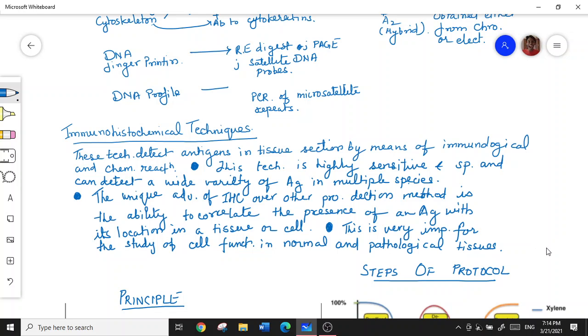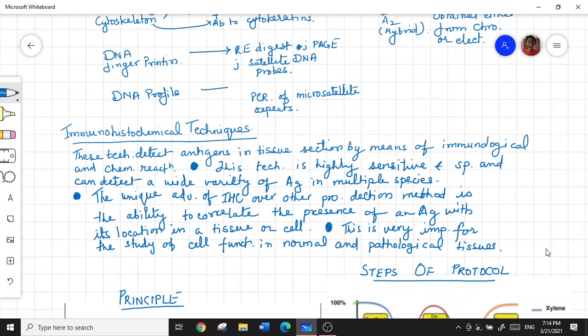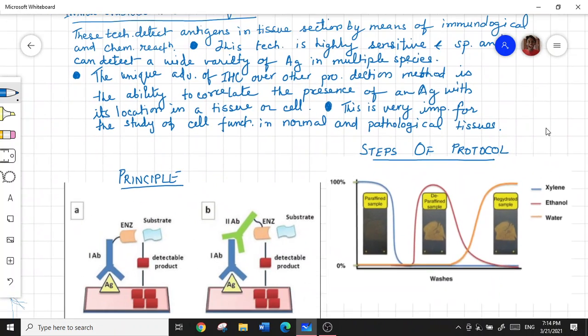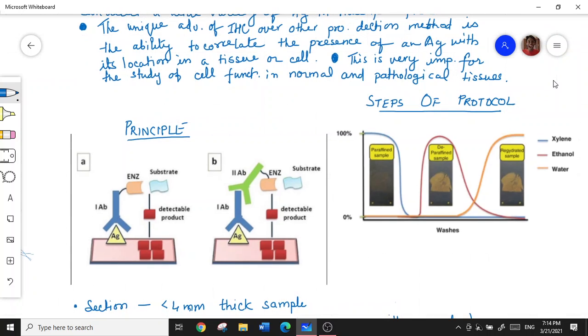So we know this, so we can check if the tissue has been taken from some diseased condition or it is from some normal individual.